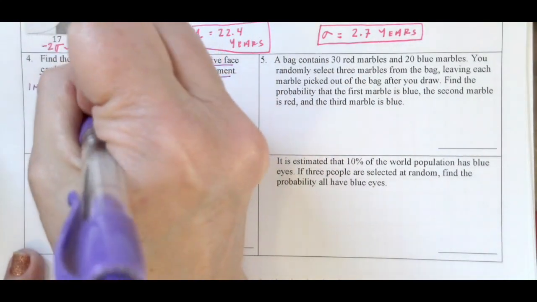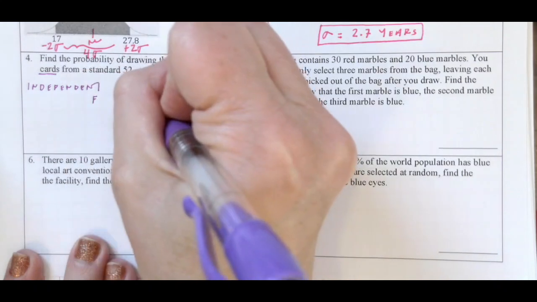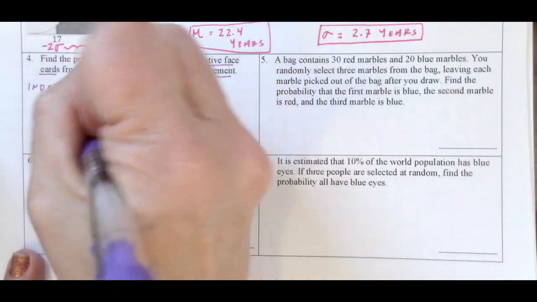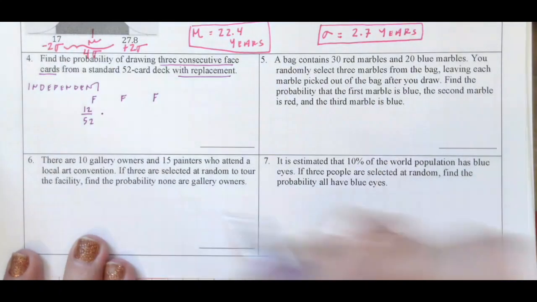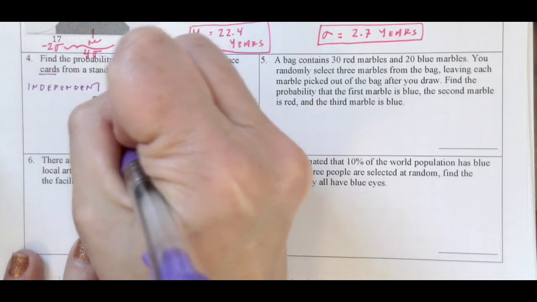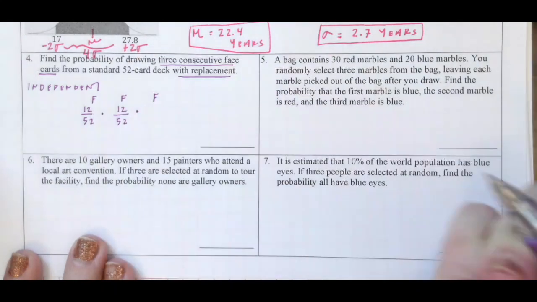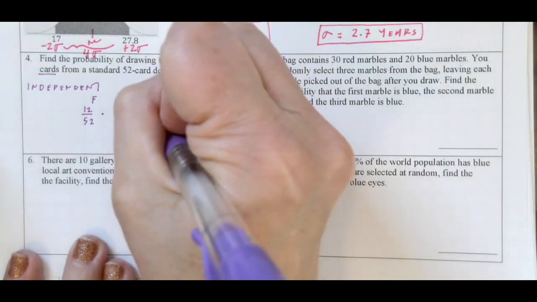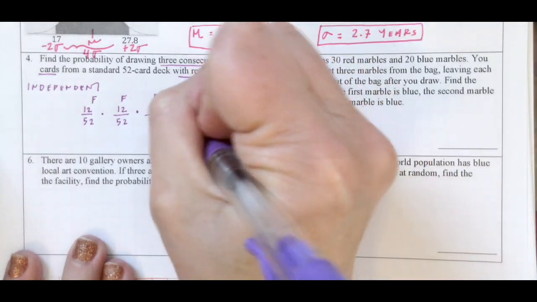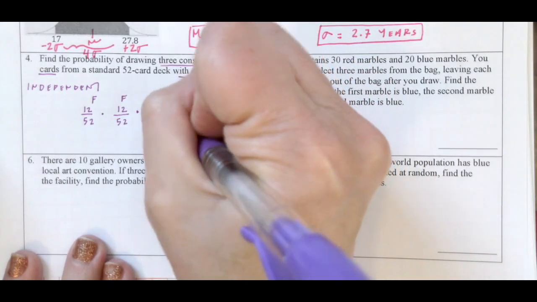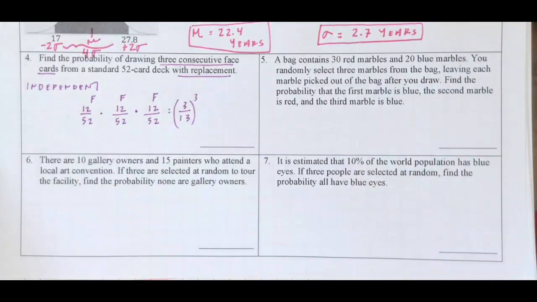Okay, and we're doing 3 consecutive things. We draw a face, another face, another face. So 12 out of 52. We put it back. We draw again. 12 out of 52. Put it back. Draw again. 12 out of 52. If I reduce this first, I'd say 3 out of 13, and then to the third power.